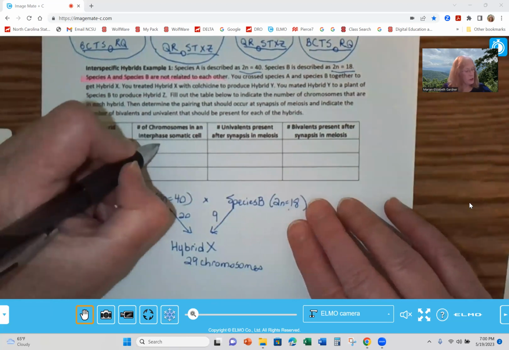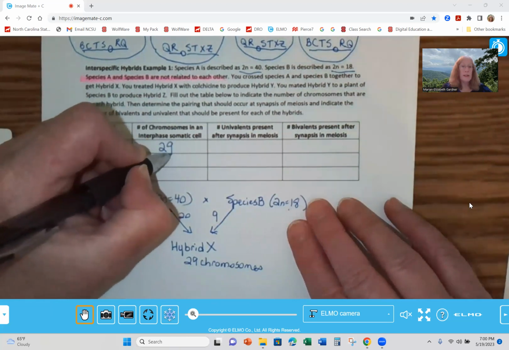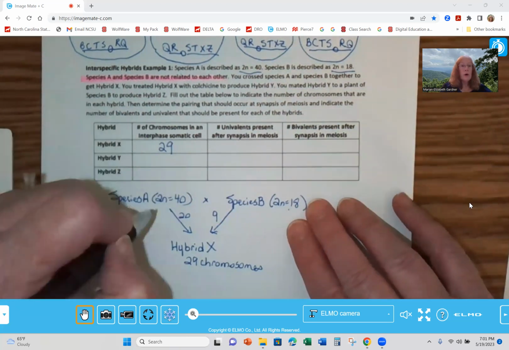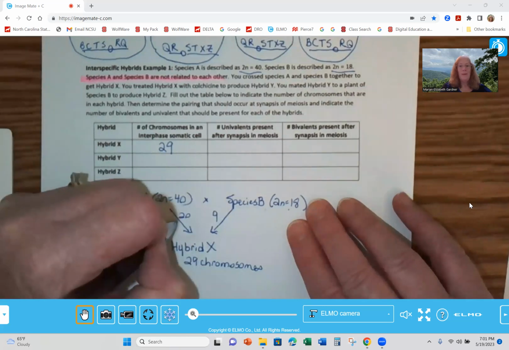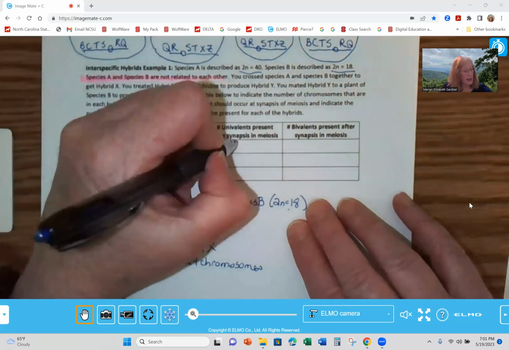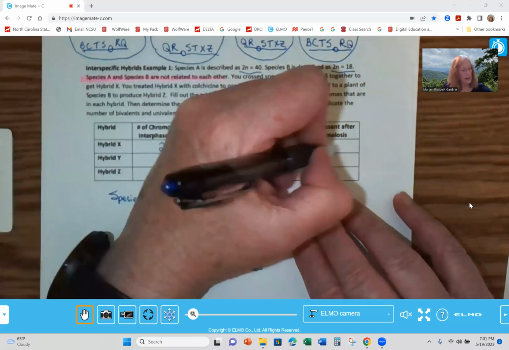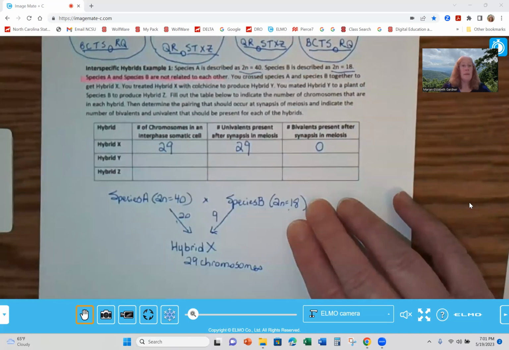We can go ahead and fill that chart out. 29 chromosomes. None of these chromosomes are going to be pairing up. So we have 29 univalents and 0 bivalents in meiosis.